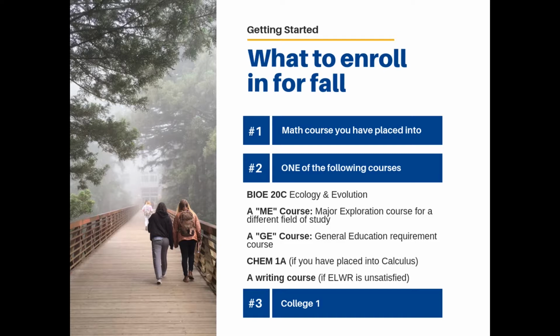Course number 2 can include a variety of different options, including BioE 20C, Ecology and Evolution, a major exploration course for a different field of study that you're also interested in, a GE or General Education Requirement course. You could start General Chemistry with Chem 1A or Chem 1B if you've placed into Calculus, or a writing course if your entry-level writing requirement is unsatisfied. Your third and final course should be College 1.